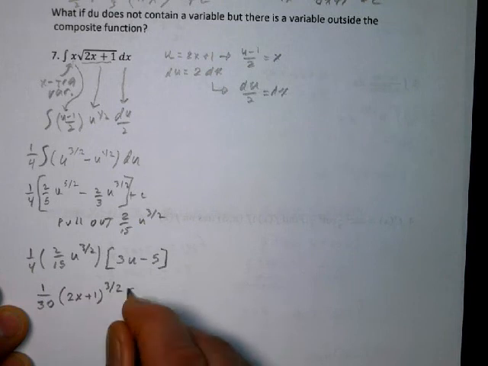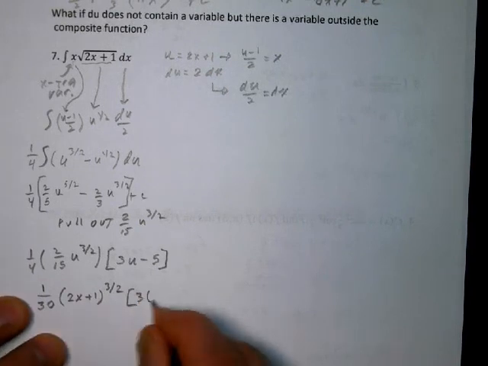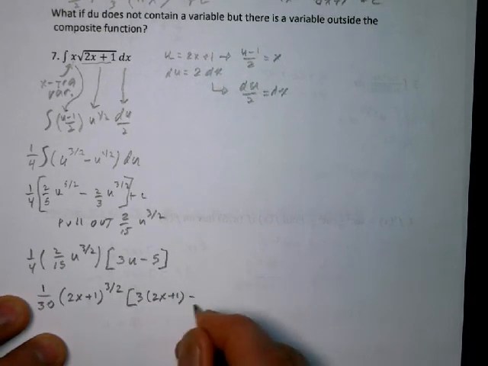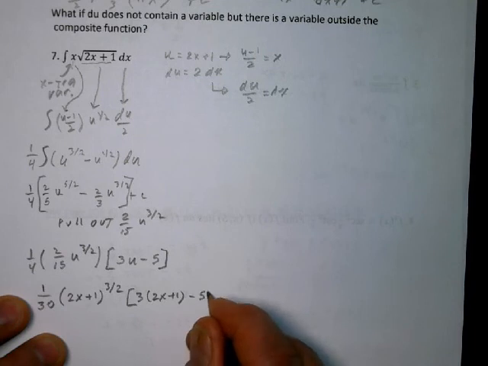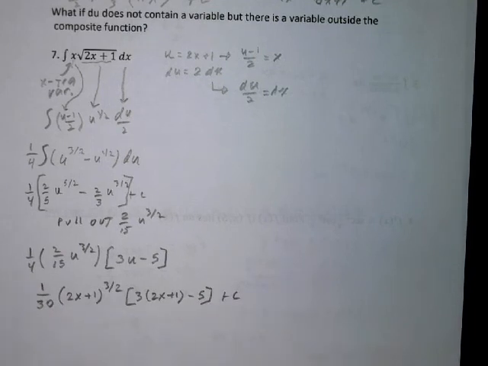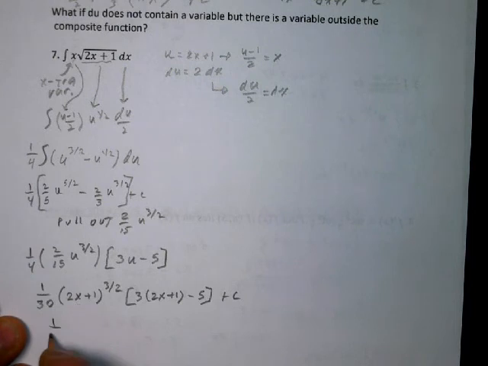So you have 1 over 30 times 2x plus 1 to the 3 halves times 3 times 2x plus 1 minus 5 plus c. I'll go ahead and clean this up right here.